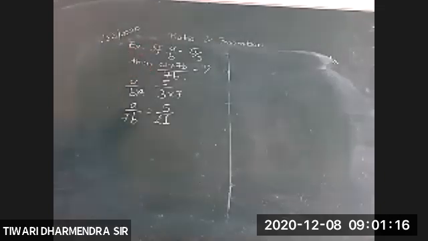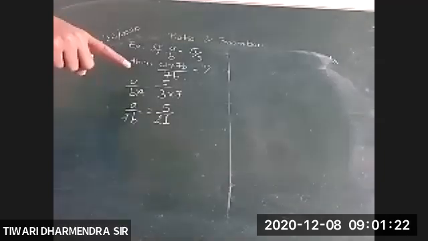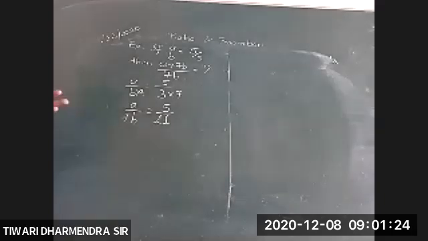So our condition demands, what is our requirement? A plus 7b upon 7b. So which property? Yes, anyone? Adding the denominator to the numerator. Yes, it is componendo.